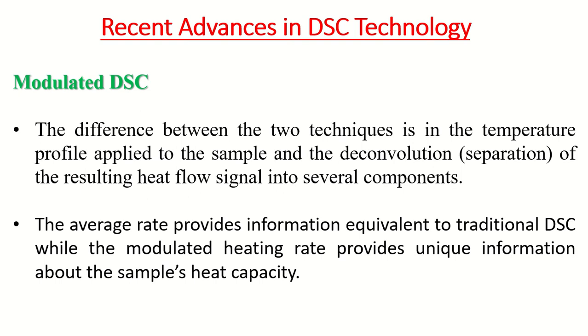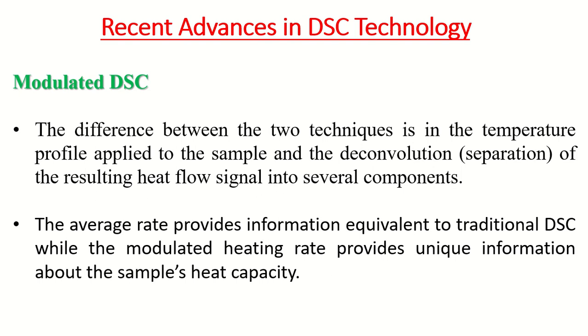So these are the two simultaneous heating rates: an average heating rate, which is quite similar to the conventional differential scanning calorimetry, while the sinusoidal or modulated heating rate would be used for the modulated differential scanning calorimetry.